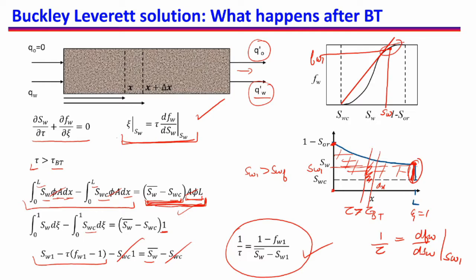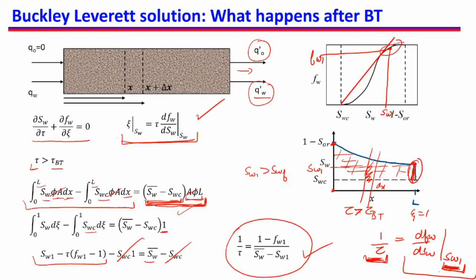So that means if I know SW1, I can find tau, or if I know tau, I can find SW1. If I know SW1, I can find at what time it will reach xi is equal to 1. It is very easy because I will find the slope, and tau, the time that this SW1 will take to reach xi is equal to 1, will be the inverse of this.